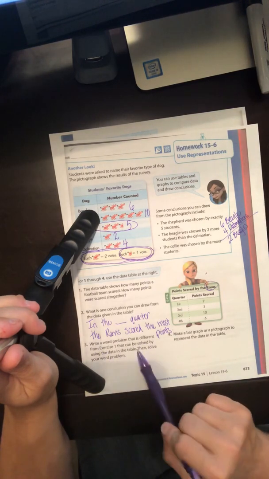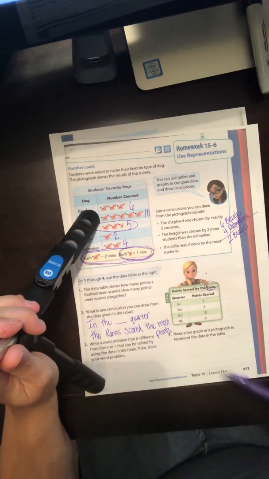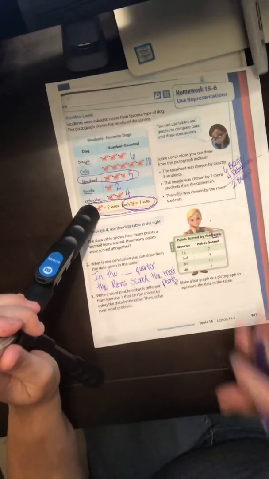Write a word problem that's different. Okay, you're going to have to do that. So you can actually write, let's go ahead and see.